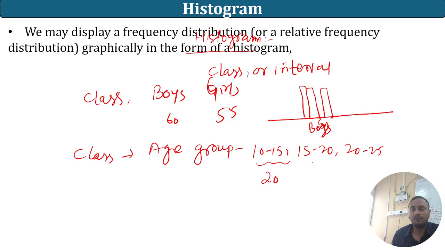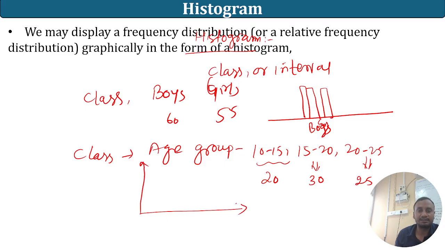Let's say 20. For this group, let's say 30. For this one, let's say 25. That can be represented by taking an x-axis and a y-axis. The x-axis tells the class or interval, and the y-axis will be the numbers or the variable.